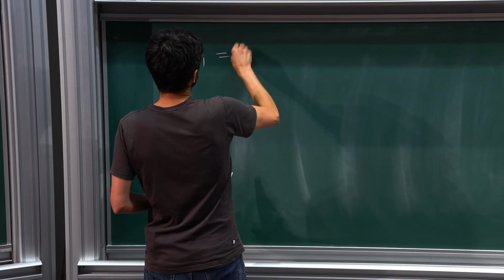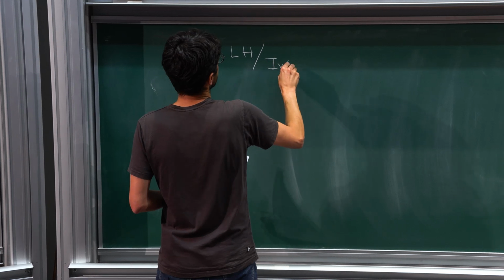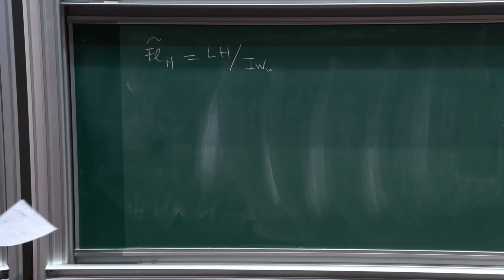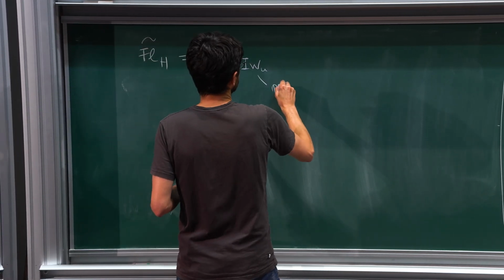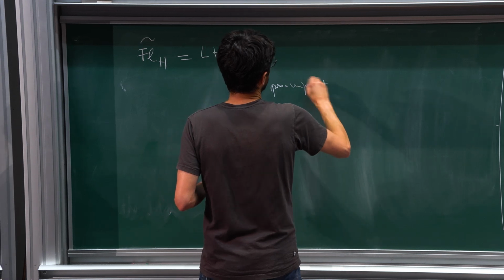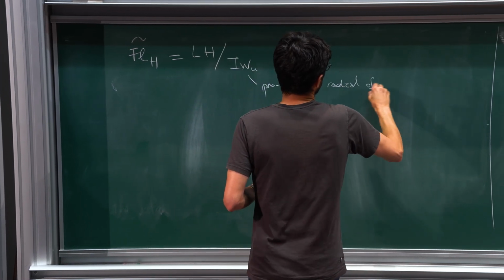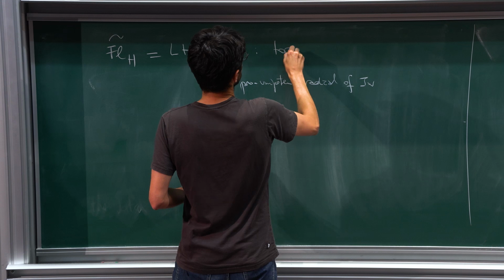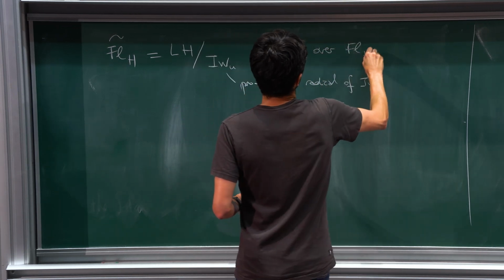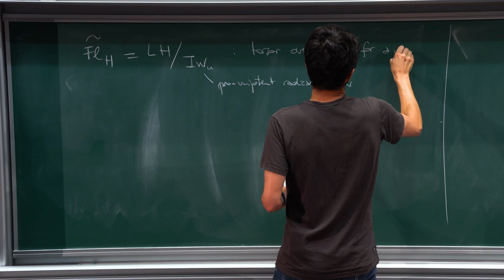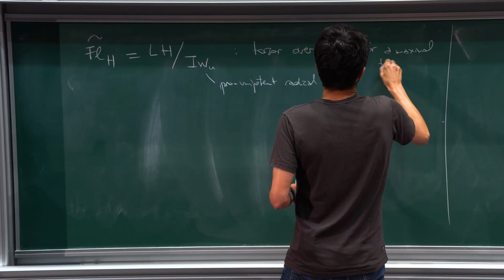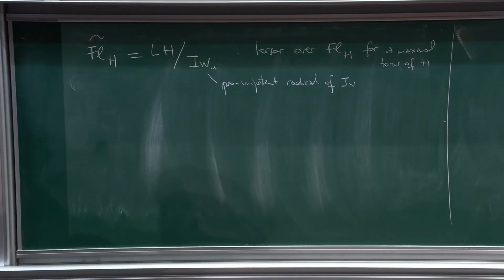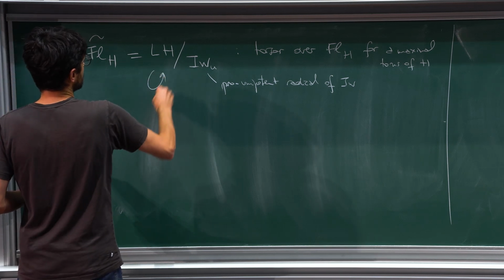I want to consider the quotient of the loop group, instead of quotienting by the Iwahori subgroup, by the pro-unipotent radical of my Iwahori subgroup, and so what I get is a torsor over Fl for the maximal torus of H. So that's still an ind-scheme, and now I want to consider the action.